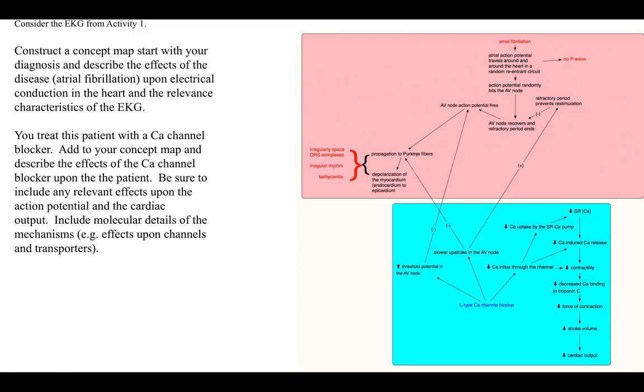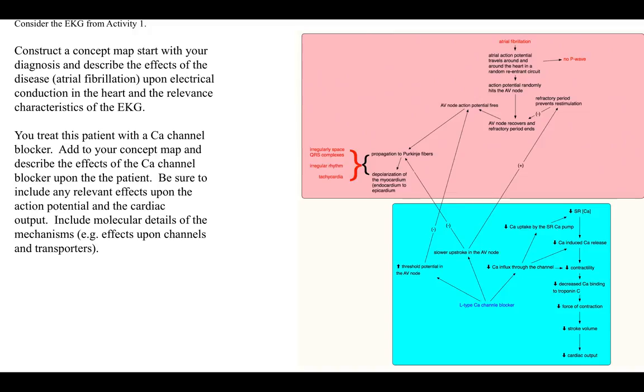So here is my concept map. The upper part, the red part, is why atrial fibrillation causes the changes that you see. Atrial fibrillation is a state where you get a wave of depolarization going around and around the atrium, such that the atrium never completely repolarizes. So you have this reentrant circuit.